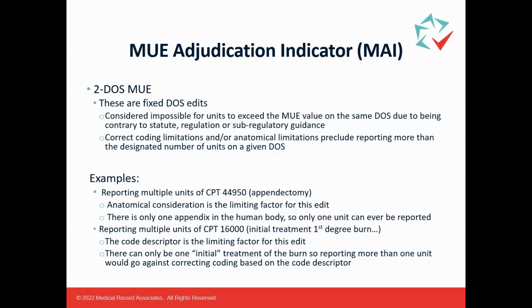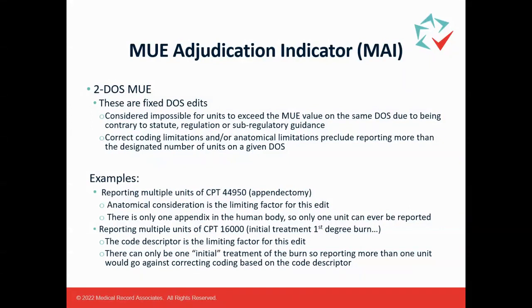Reporting multiple units of CPT 16000, which is an initial treatment of the first degree burn, and then it goes on with a much more in-depth description of that code. The code descriptor in this case is the limiting factor for this edit. The code descriptor says initial treatment, so you can only have one initial treatment of a burn.